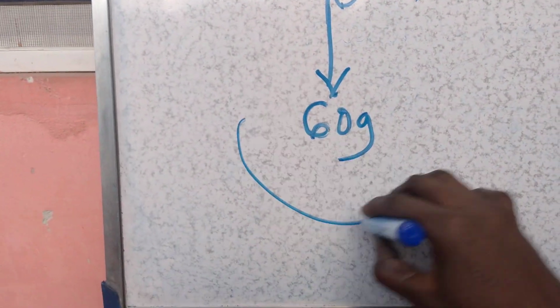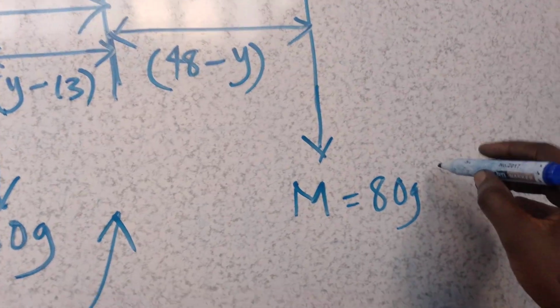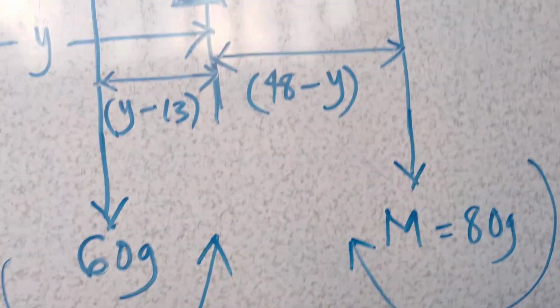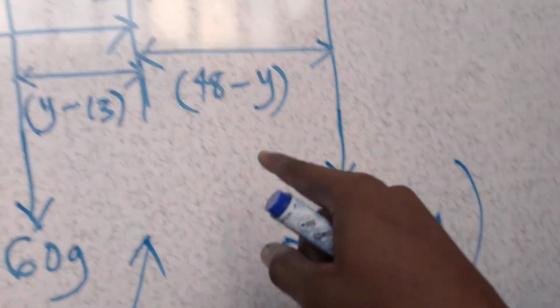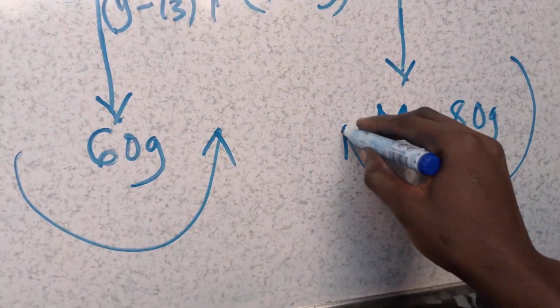Then I will take anti-clockwise moment with respect to the pivot, and clockwise moment with respect to this pivot.